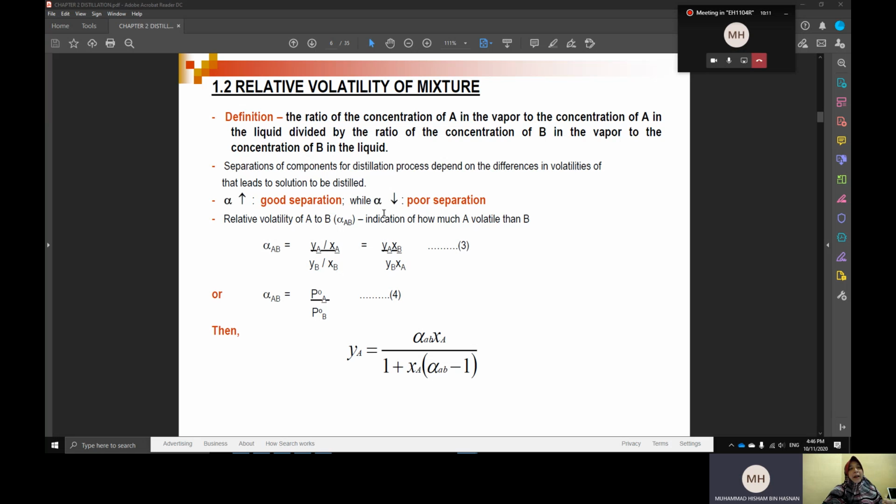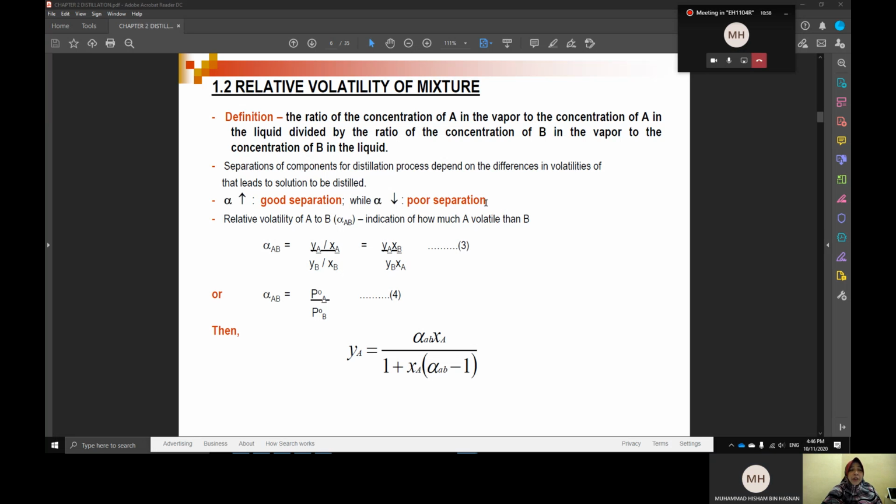But if you have less than 1, you're going to have poor separation. Poor separation means you can still separate, but the purity of your product is very small. For example, you can just achieve 40%, 30% recovery. So that is not that good.